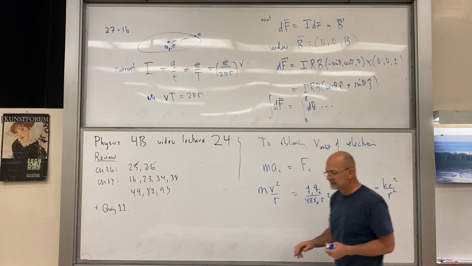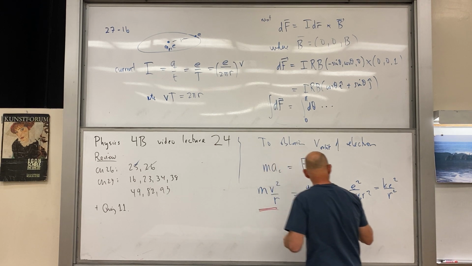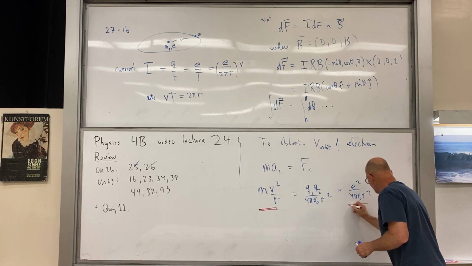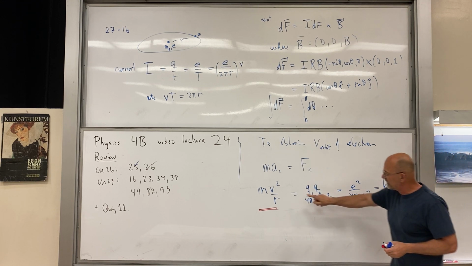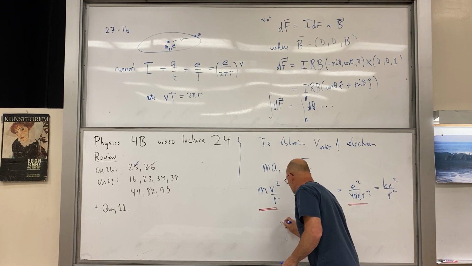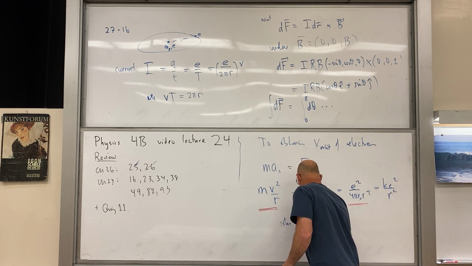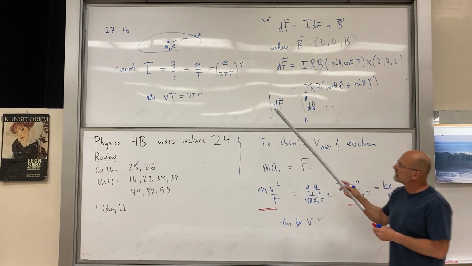But let's just underline what's important. We have this equation equals this equation, okay? So you can solve for V. So consider it done, right? Solve for V, got that. And then what were we asked to do?